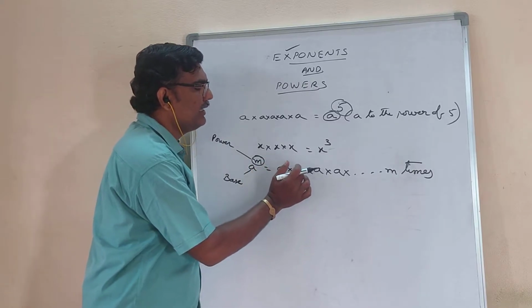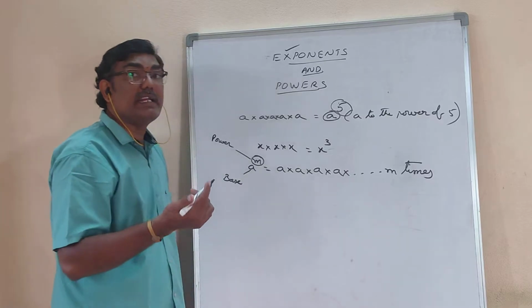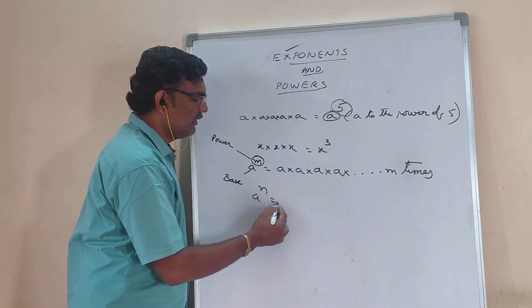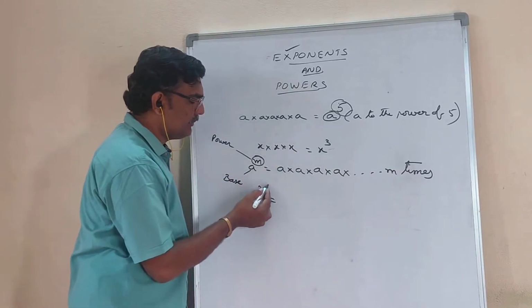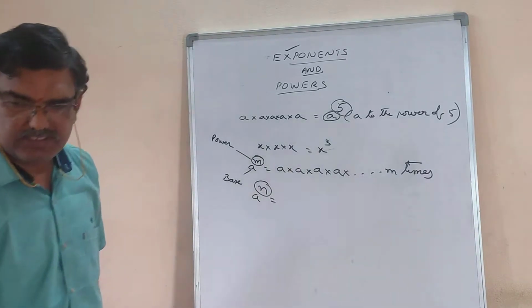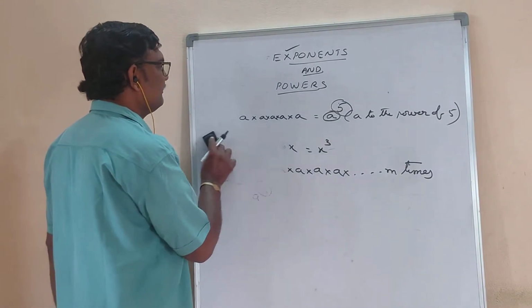A into a, n times. If I write a power n, it is the same, but here you have to write n times, because in the power n is there. All this you have learned in 7th class.